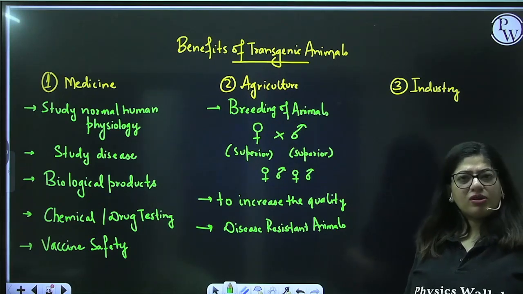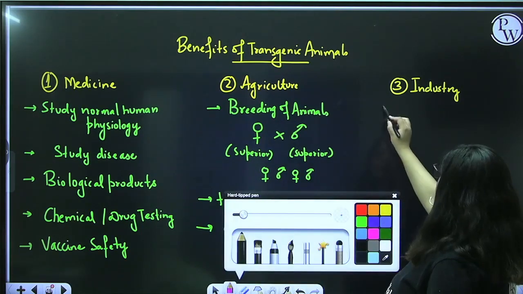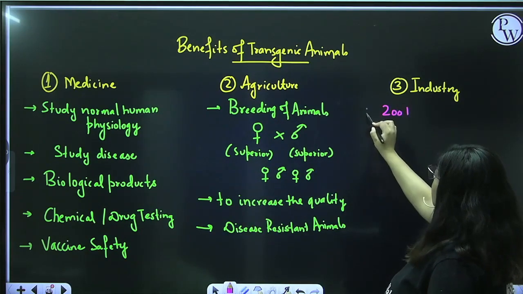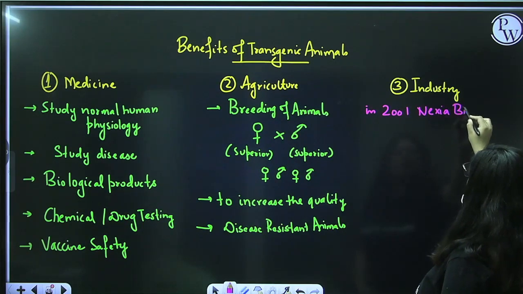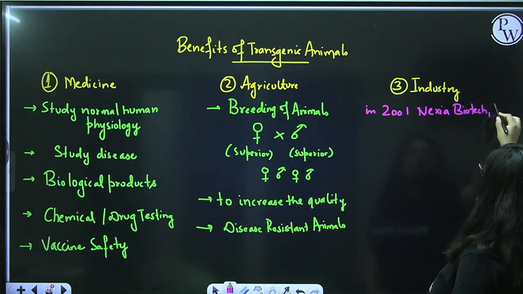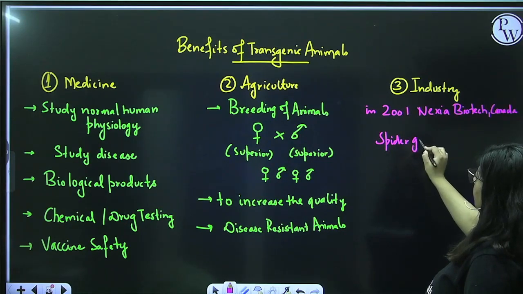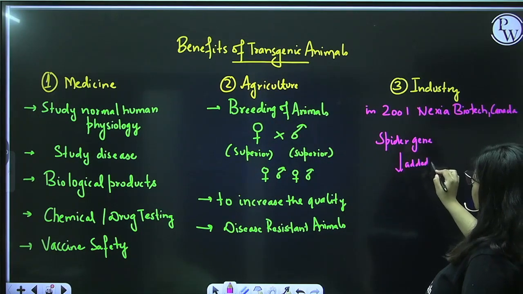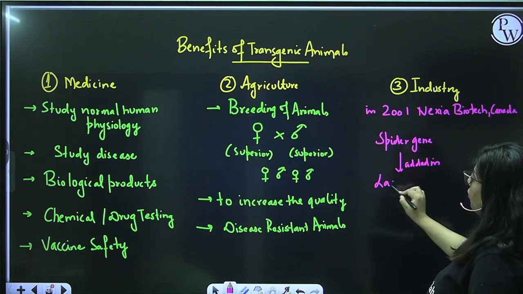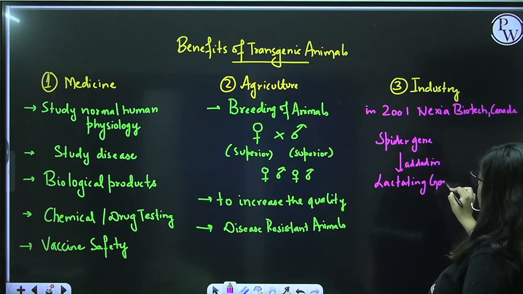Okay, now ma'am, what's in the industry? Let me give you an example. In 2001, Nexia Biotech, a company in Canada, took a spider gene and added it to a lactating goat that was producing milk.